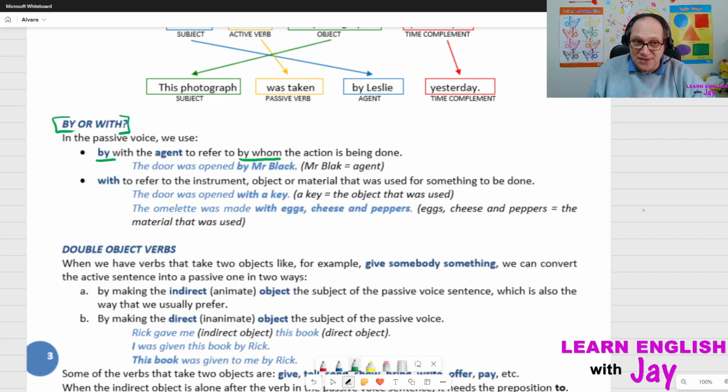When we use with, we're now talking about an instrument. With a key. With eggs, cheese and peppers in the next sentence. This is the material that was used. So it's the instrument, object, or material that was used to complete the action.